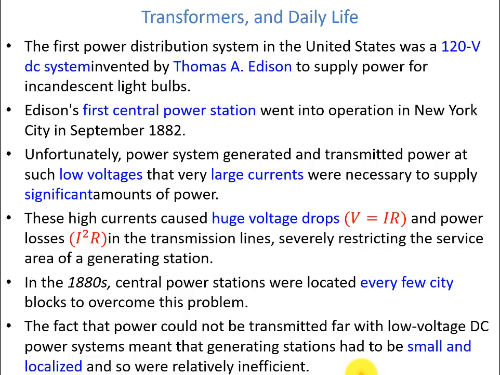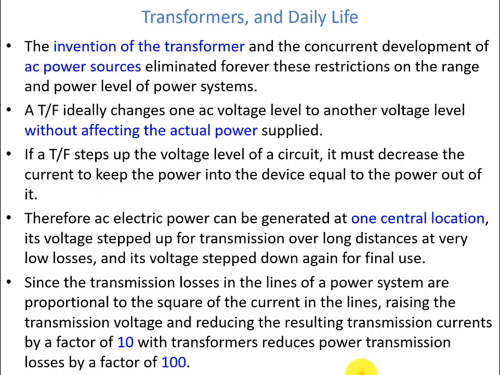The DC transmission lines are beneficial if we transmit over a minimum of 2000 kilometers. So the invention of the transformer at that time and the concurrent development of AC power sources eliminated forever these restrictions on the range and power level of power systems. So most of the countries are mostly using this AC transmission system.